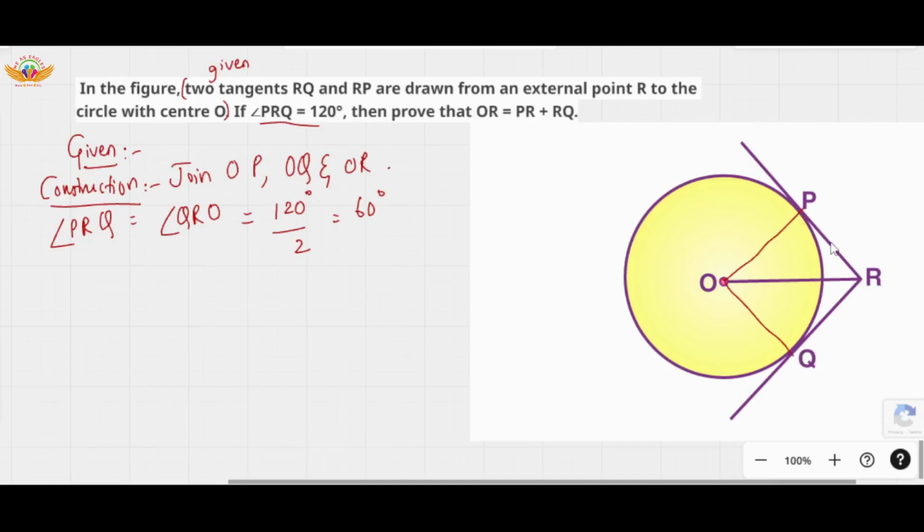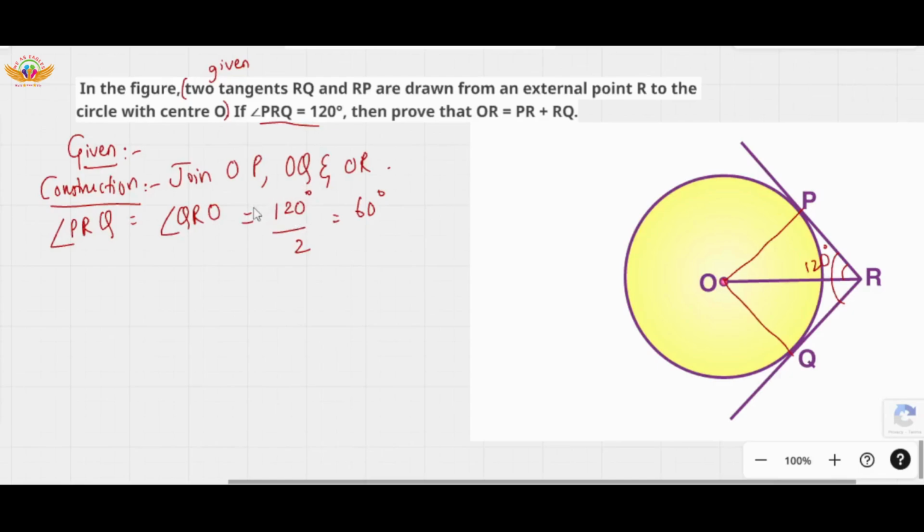PRQ. You have to mention the reason why they mention all three letters. Why don't they mention only angle R? Why do they mention PRQ? Because it shows the complete angle. We can also write PRO, but PRO means only this angle will come. But they are telling PRQ, so the entire angle is how much? 120 degrees.